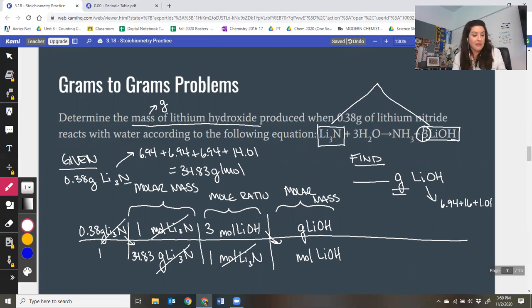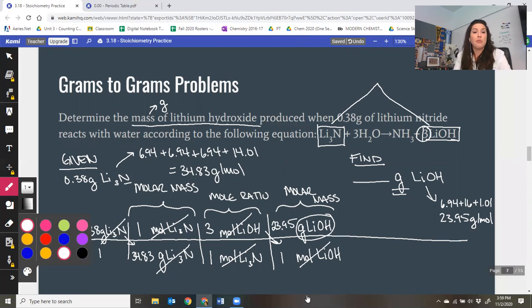And the molar mass of that, punching in my calculator, I get 23.95 grams per mole. That is to say, 1 mole of lithium hydroxide has a mass of 23.95 grams. And now that my moles cancel, I am left in units of grams of lithium hydroxide. I am ready to solve.